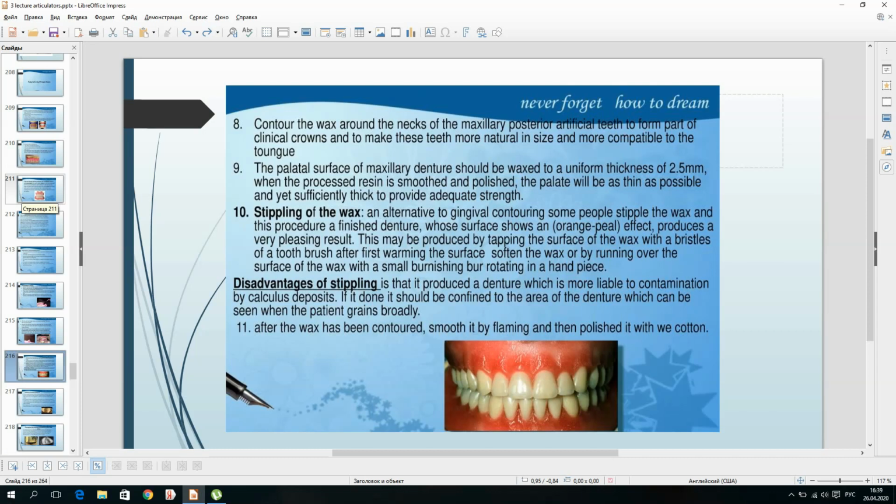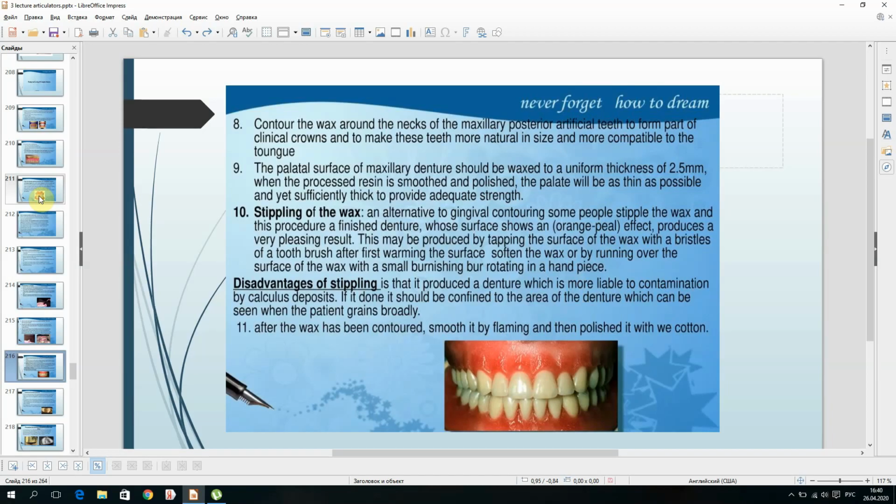Stippling of the wax. As an alternative to gingival contouring, some people stipple the wax, and this procedure produces a finished denture whose surface shows an orange peel effect. It produces a very pleasing result.